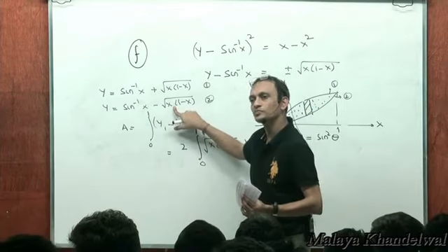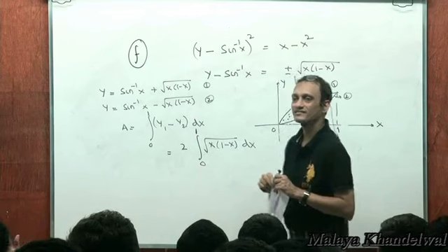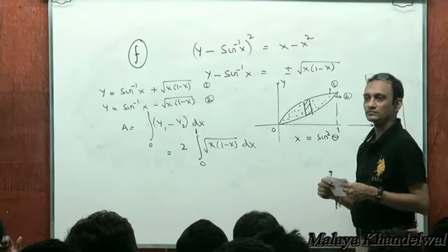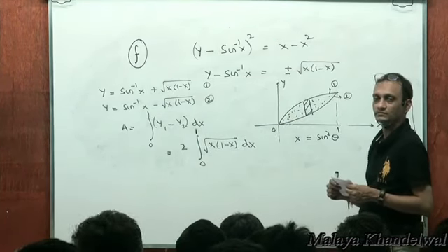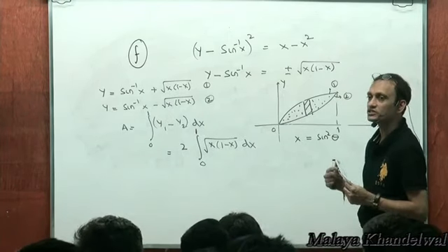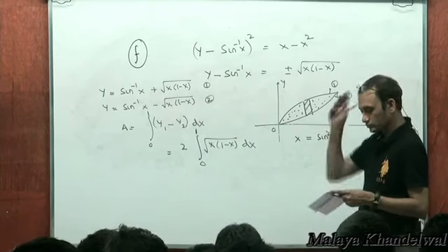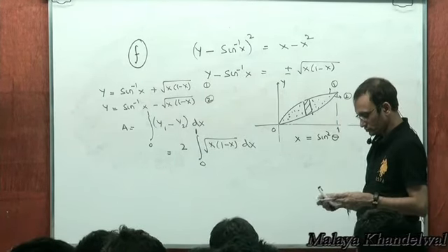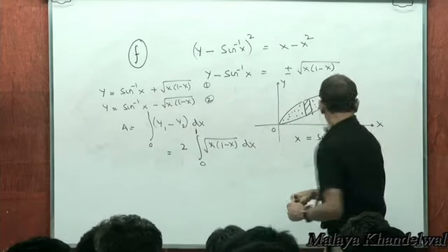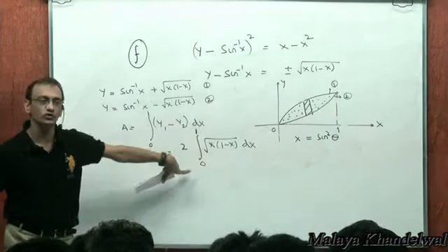So even the smaller one is positive. So the difference is positive anyways. Right? You'll be able to integrate this with x equal to sine square theta.